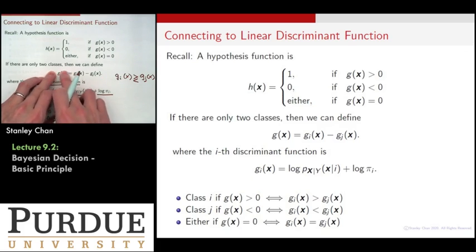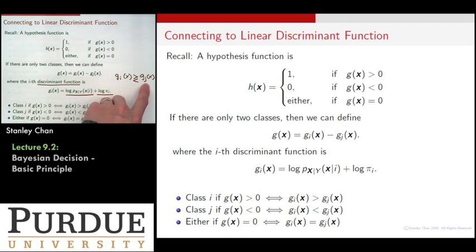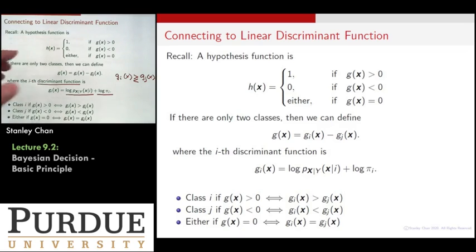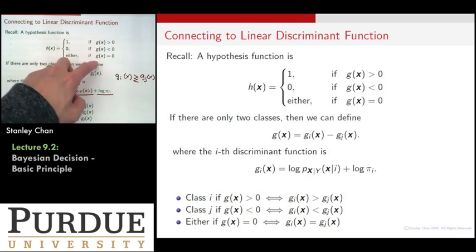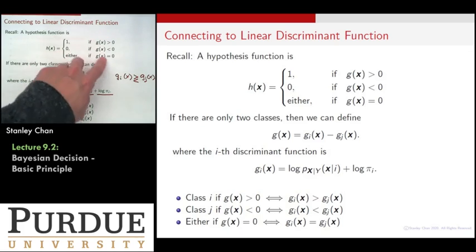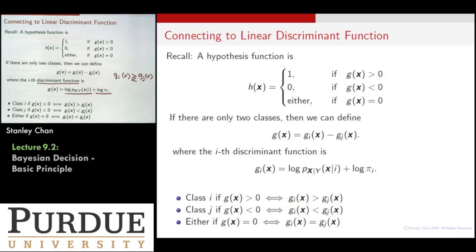If this quantity g(x) is positive, then I would declare this as class i. Otherwise, I would declare class j. That would lead to what we call the hypothesis function or your prediction. The prediction will give you two classes, 1 or minus 1, 1 or 0, depending on the state of your g(x). If g is positive, g is negative, or g(x) is 0, you have three different situations.